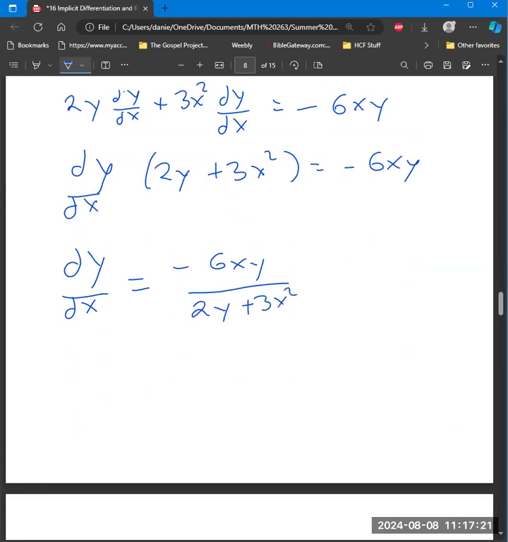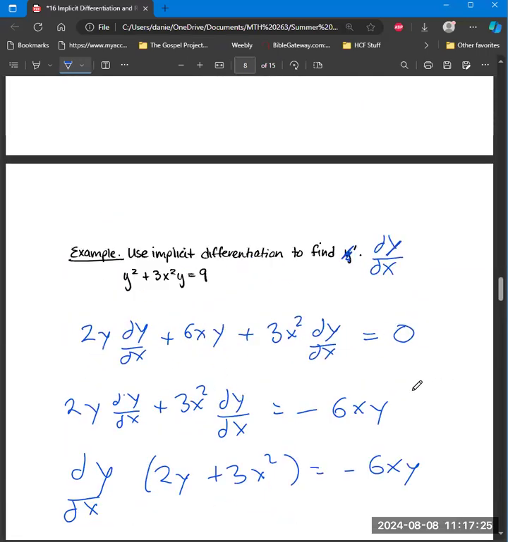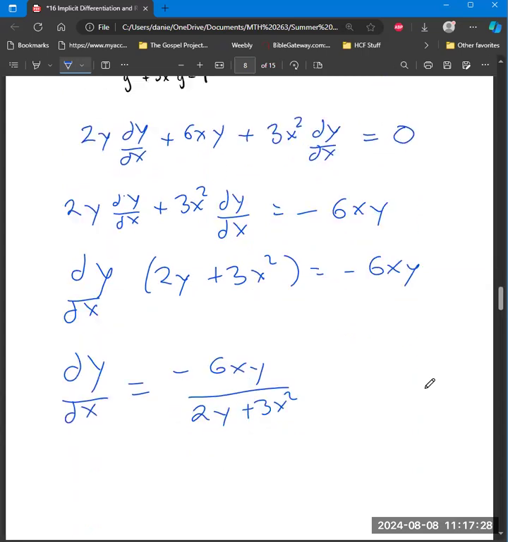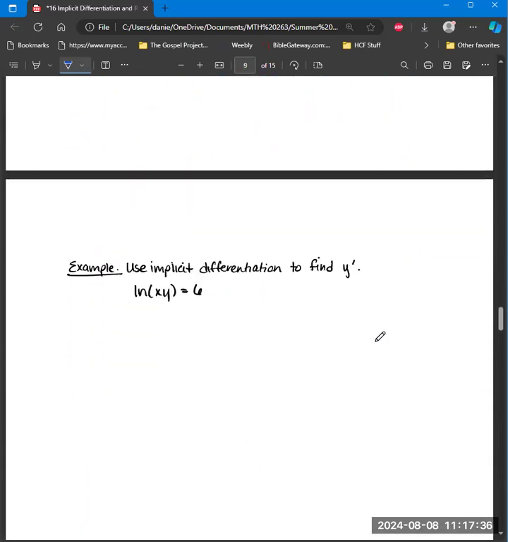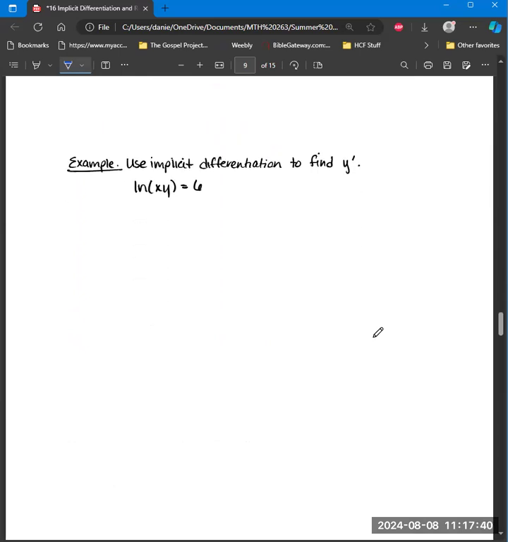No better place for that negative to go than where it is. But notice there's no y prime terms on the right-hand side. All of the dy/dx or y prime terms were on the left, and we factored that out and solved for it. Okay, I'm going to show you two ways to solve this problem here.